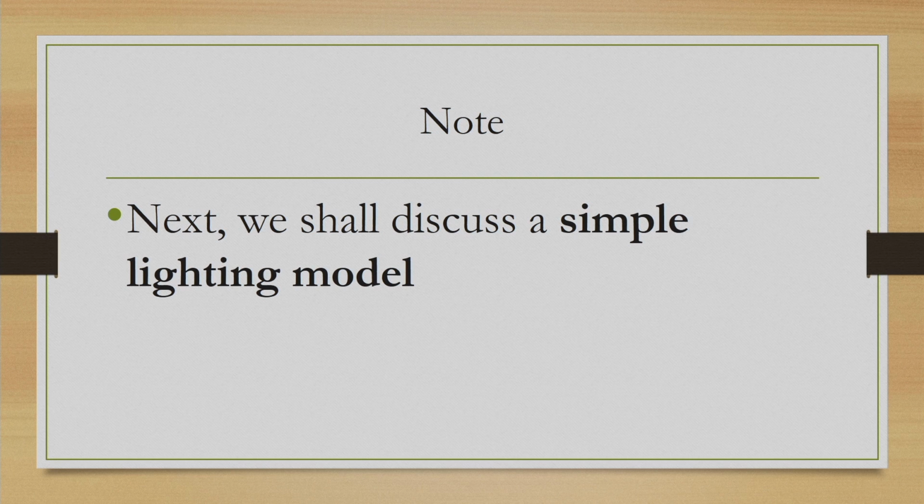So, with this background knowledge, we would be discussing the idea of a lighting model, in terms of a simple lighting model, that we will do in the next lecture. You may like to note the term simple; although we will see in practice that it is still complex, it is the simplest of all possible lighting models that are used in graphics.